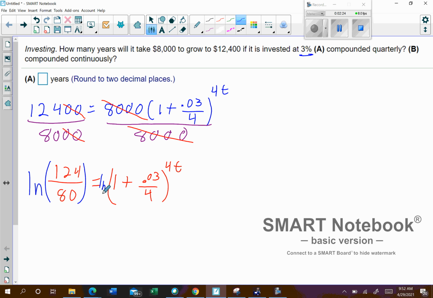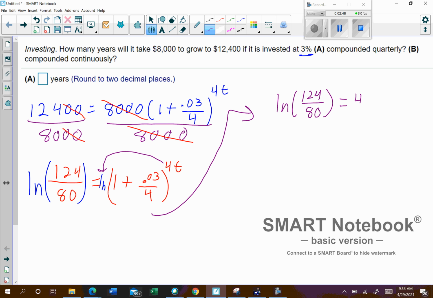Now, that will let me bring the 4t out in front. So I'll go ahead and write that up here. We're going to have natural log of 124 over 80 equals 4 times t times the natural log of 1 plus 0.03 over 4. Just was able to squeeze that in there.